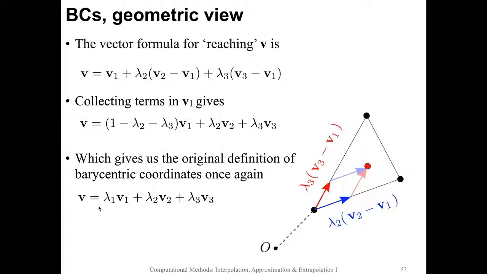Remember, our definition is that one position inside the triangle can be written as a blend of the three positions around the vertices of the triangle. And the blend is weighted by our barycentric coordinates themselves, lambda 1, lambda 2, and lambda 3.